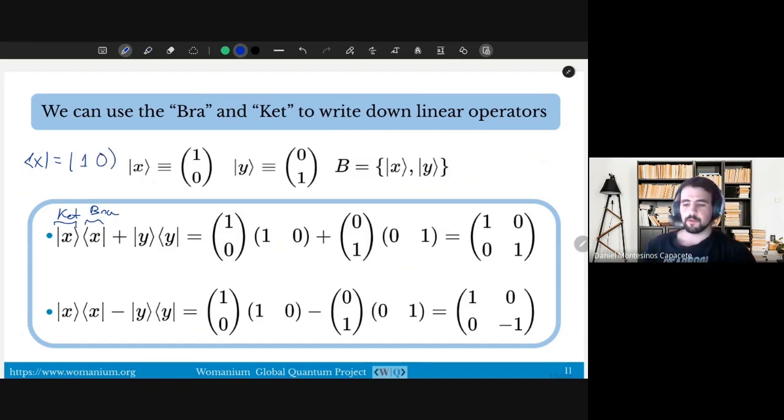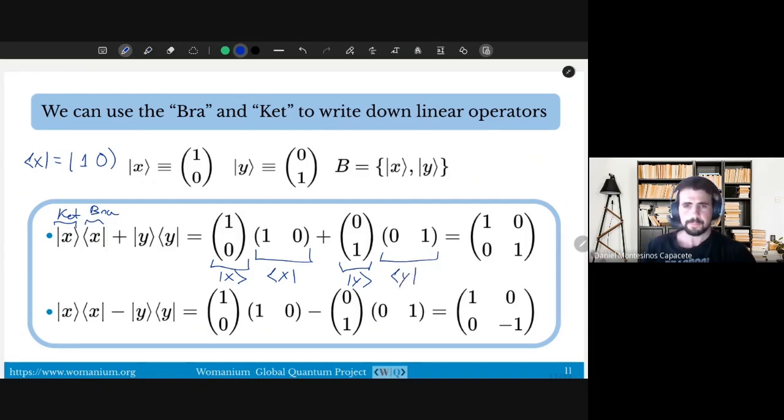If you do that and calculate this expression, you will just have these matrices. This will be the ket, this will be the bra.